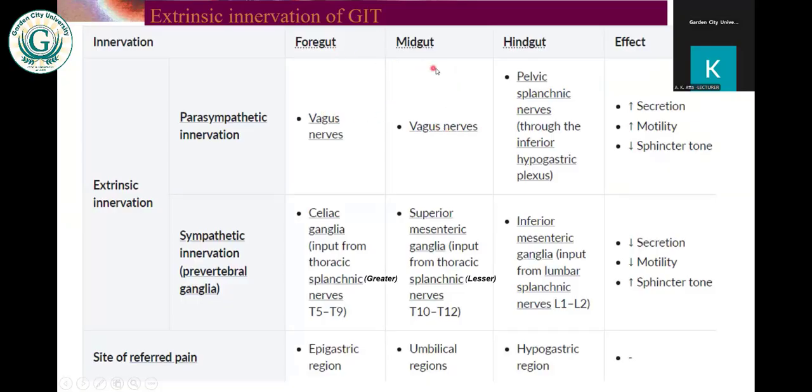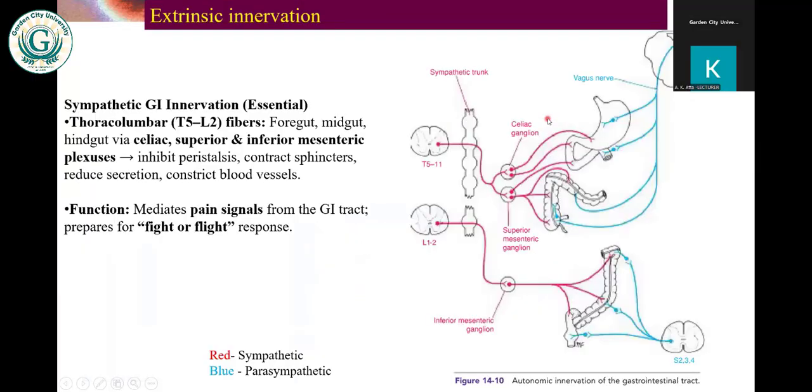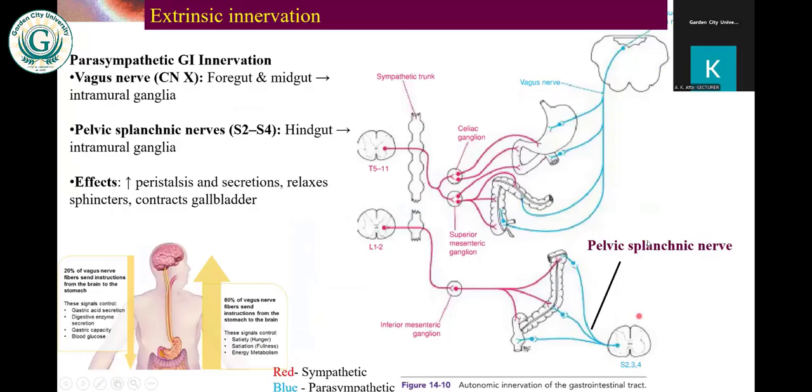For the foregut and the midgut, it is the vagus nerve, but for the hindgut it is the pelvic splanchnic nerve.